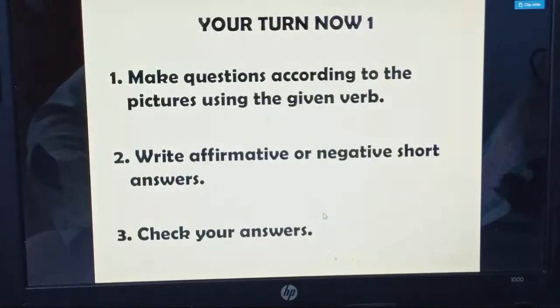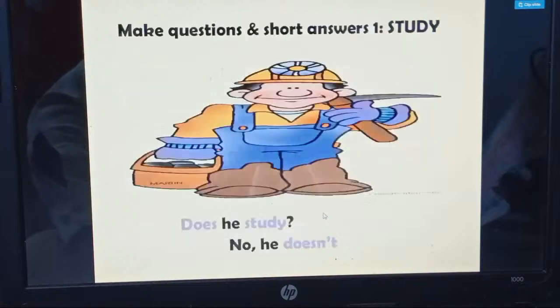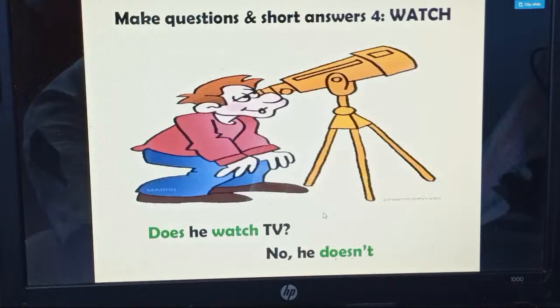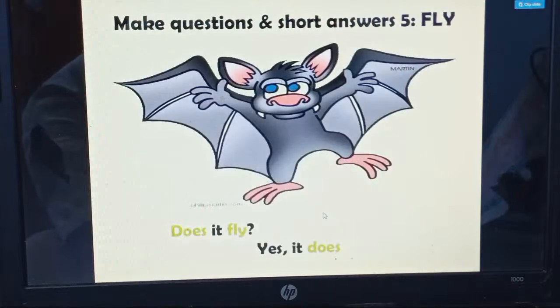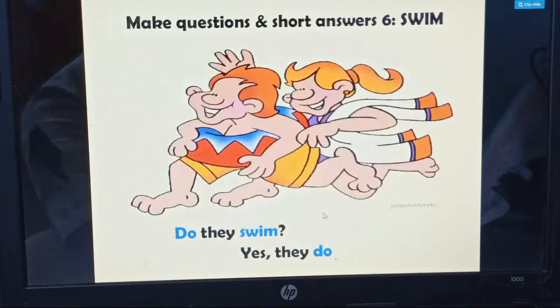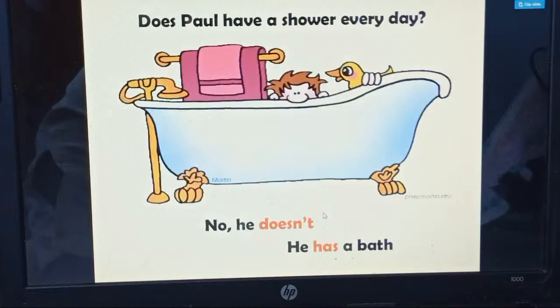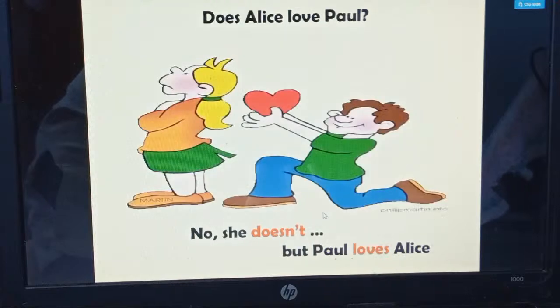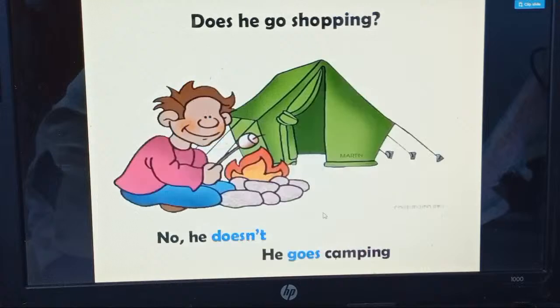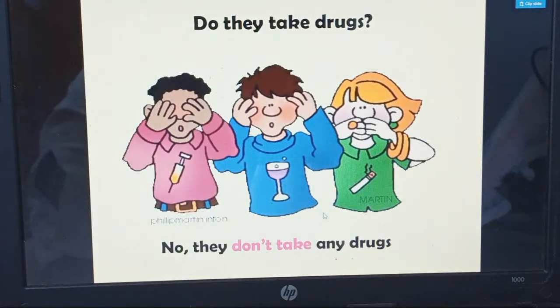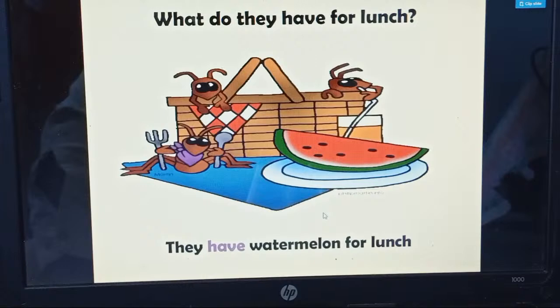Let's look at other things. So just look at the screen.